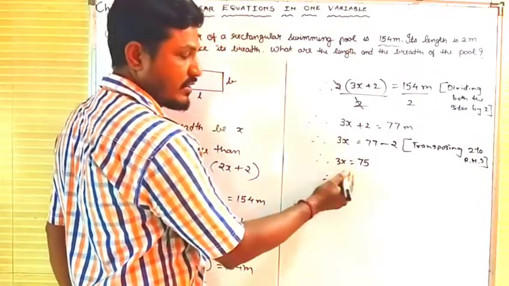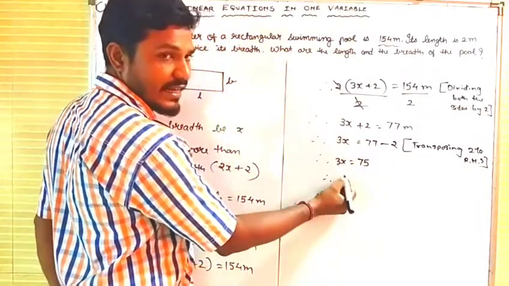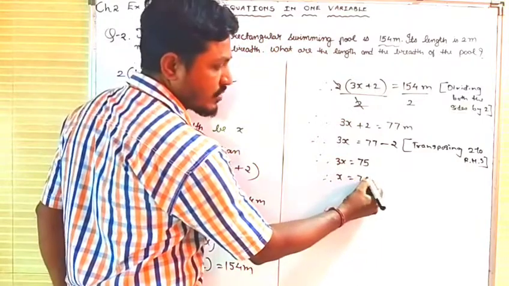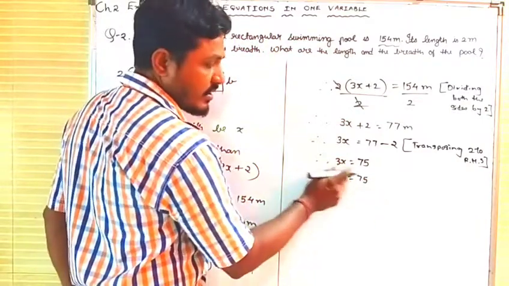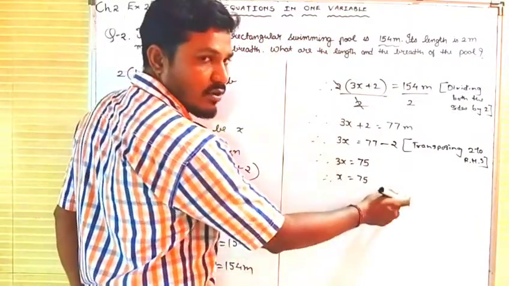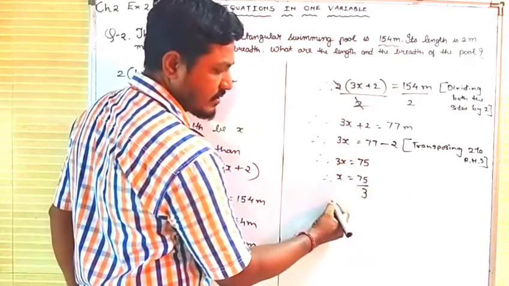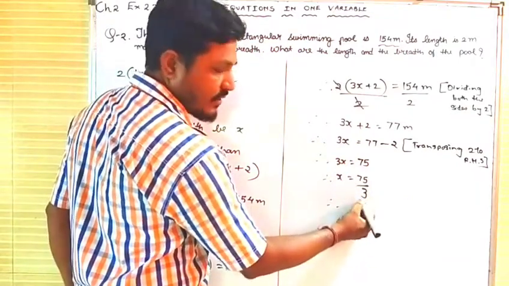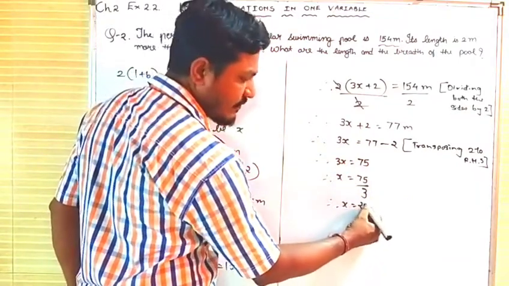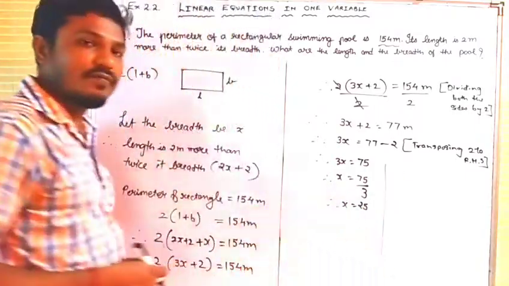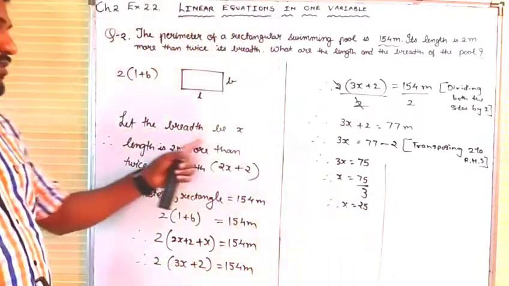Now either you can divide both the sides by 3 so that 3 will get cancelled, or you can do the transposition method. 3, it is in multiple form. When you go on the right hand side, it will divide. So 75 divided by 3 will give 25. This is how we got the value of x. And x here we had supposed as the breadth.